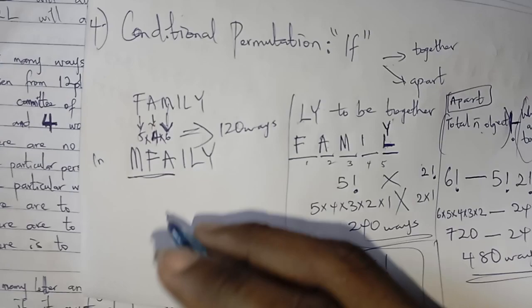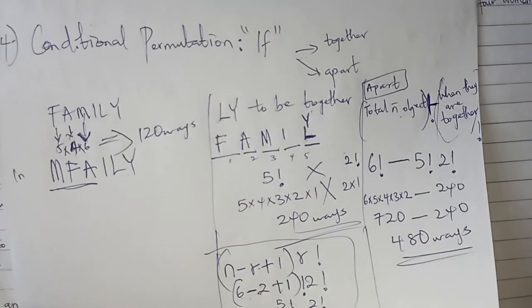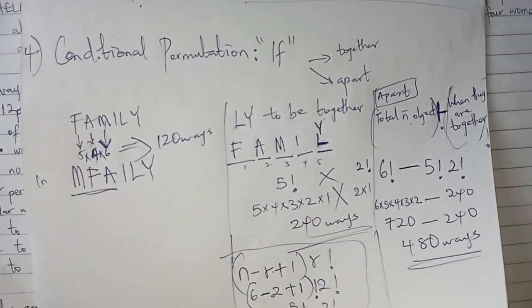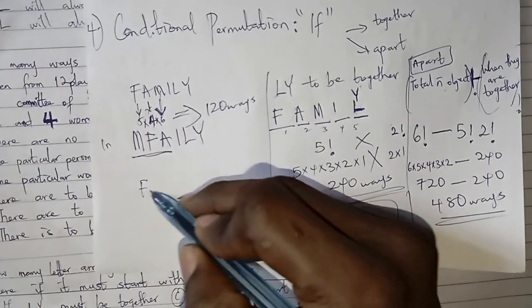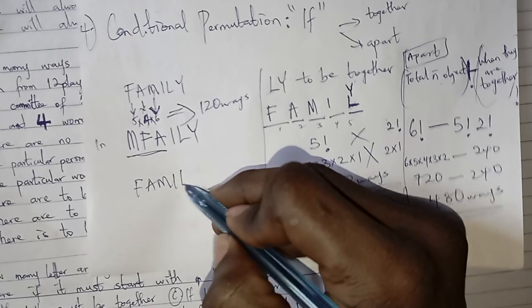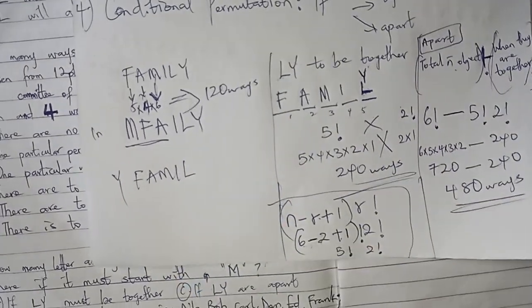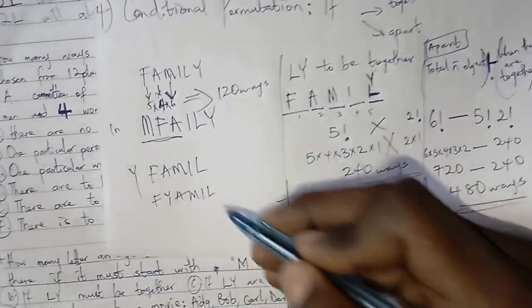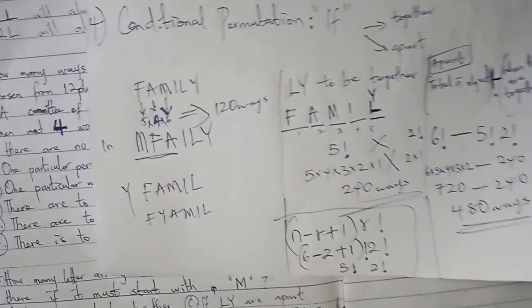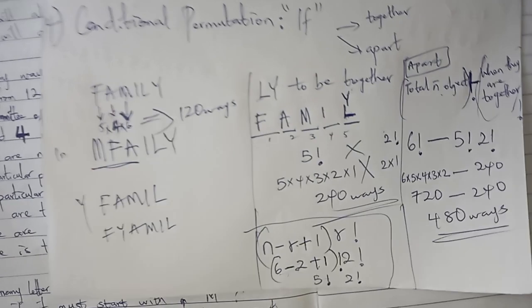So it is total n objects minus when they are together. Imagine you doing all these things, you will run mad. So stick to this.